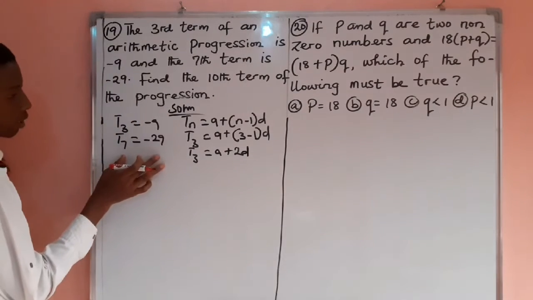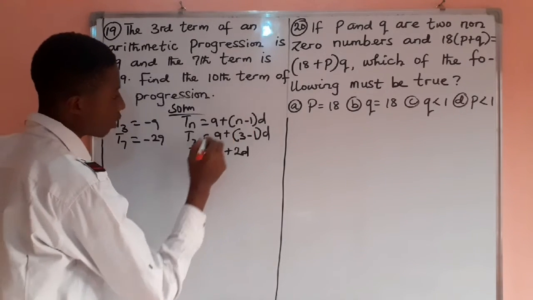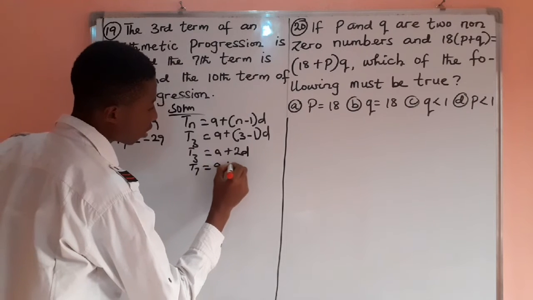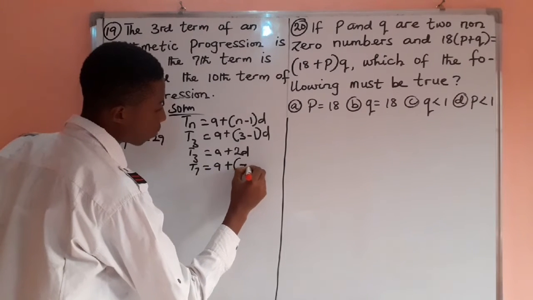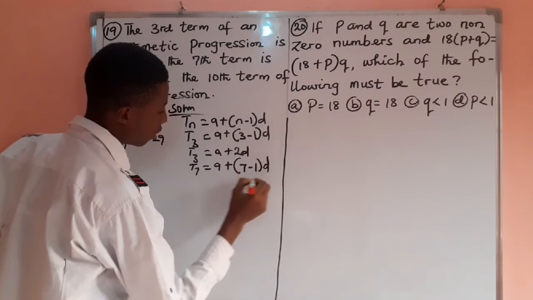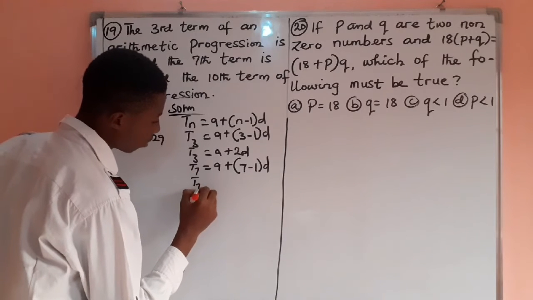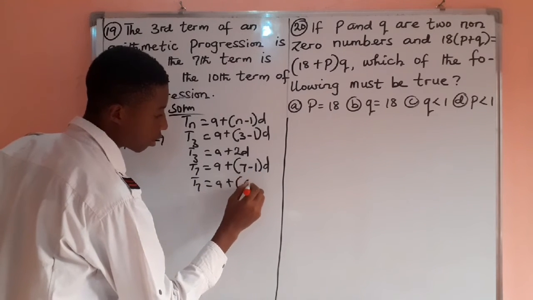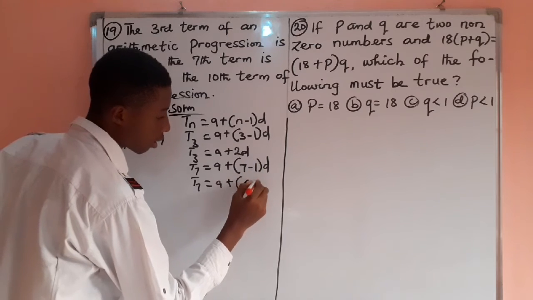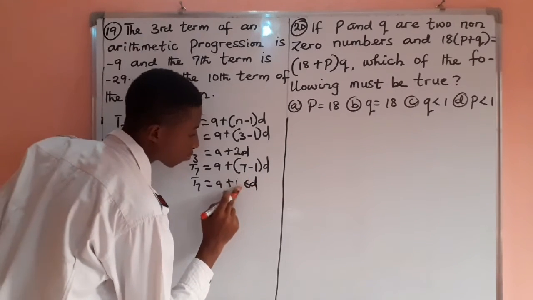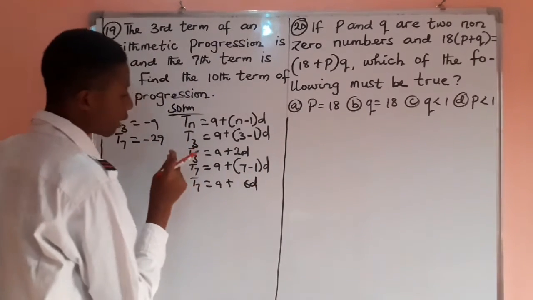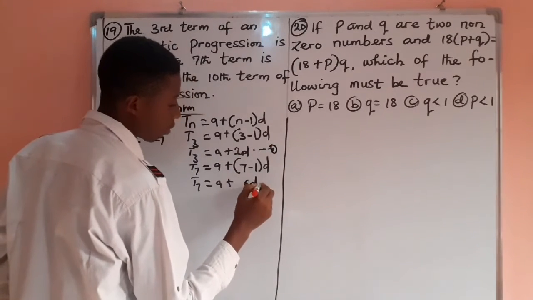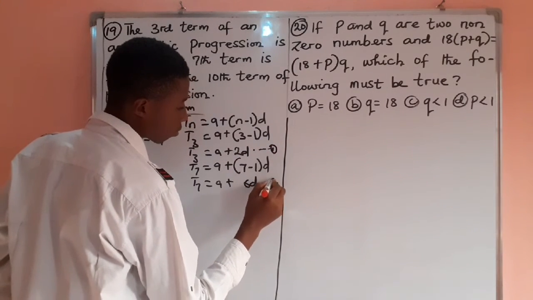Now we do the same for T7. Substituting T7 into the equation, we'll be having T7 is equal to a plus open bracket 7 minus 1 close your bracket d. This will be giving you T7 is equal to a plus open bracket 7 minus 1 is 6 times d is 6d. Now we are going to make the T3 equals to a plus 2d our equation 1 and making this our equation 2.